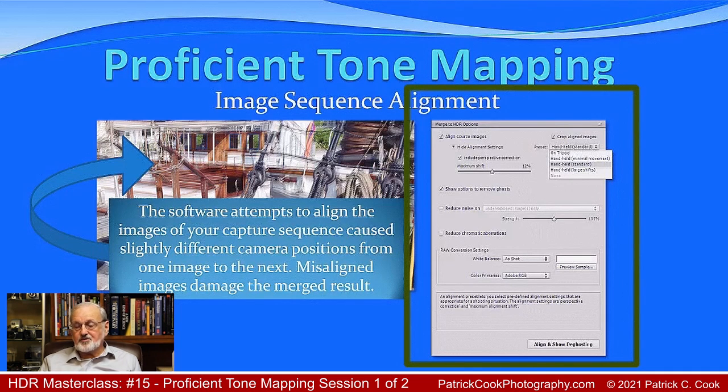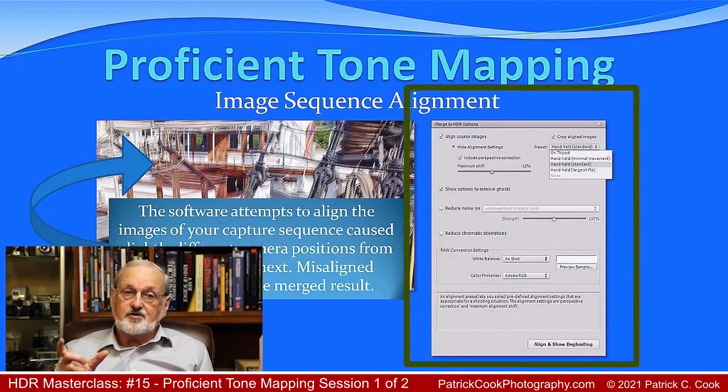The other thing that's going to happen during your merging process is a thing called alignment. Let's say that you're using the AEB, automatic exposure bracketing, where your camera is doing multiple shots and the camera is making the adjustments from one shot to the next.